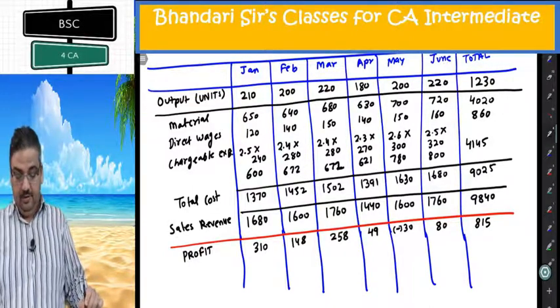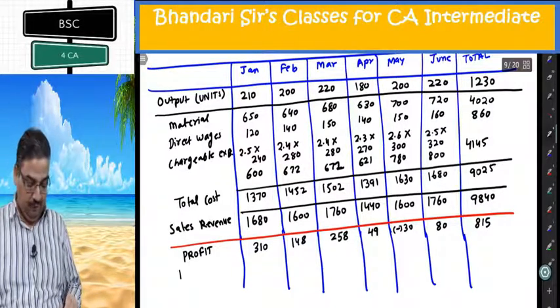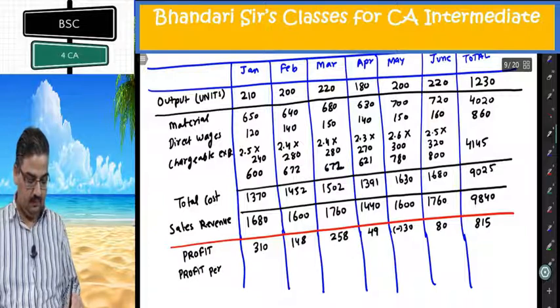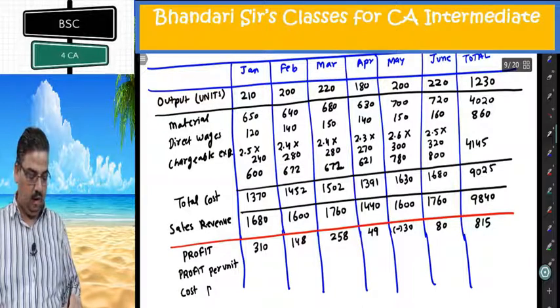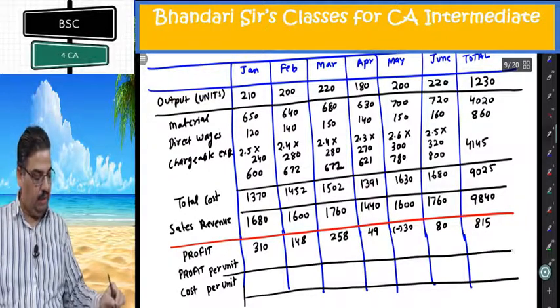Now, if I can divide this by units, I can get profit per unit. I can get cost per unit also by dividing the total cost with units for each month.